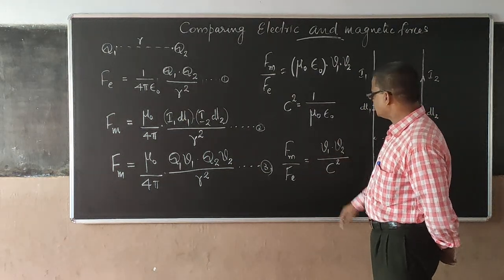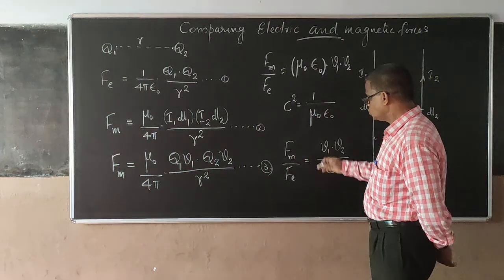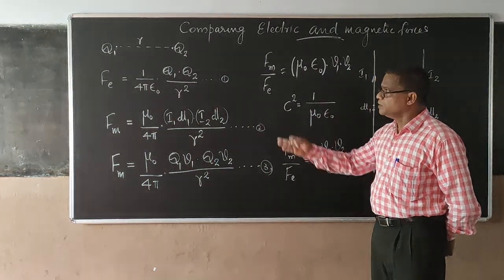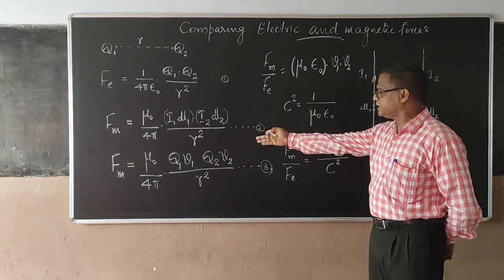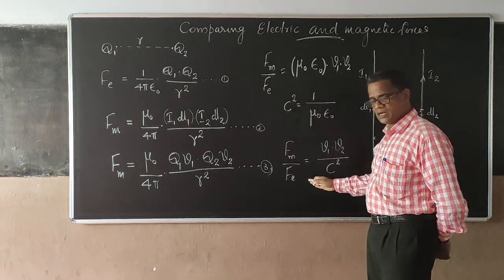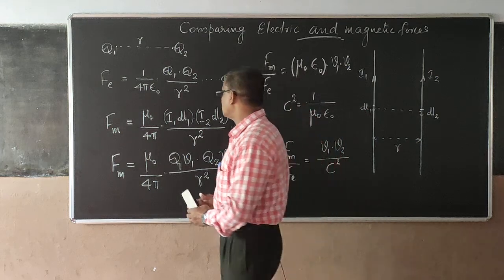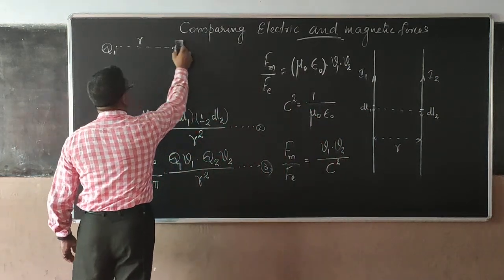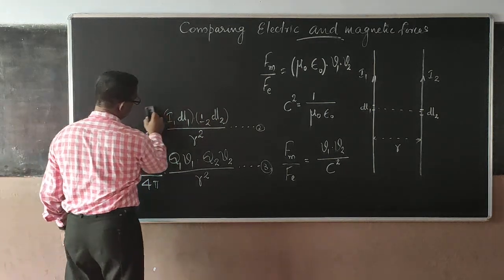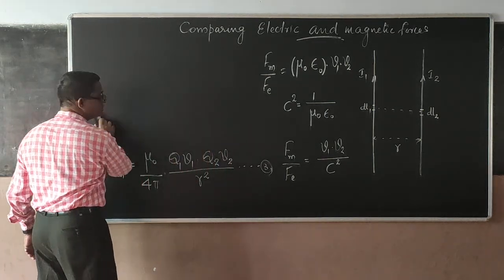Now at this point we can compare the two forces. We started from electrostatics and compared with magnetostatics, and the electric and magnetic forces are related like this. Now let us assume values to compare.